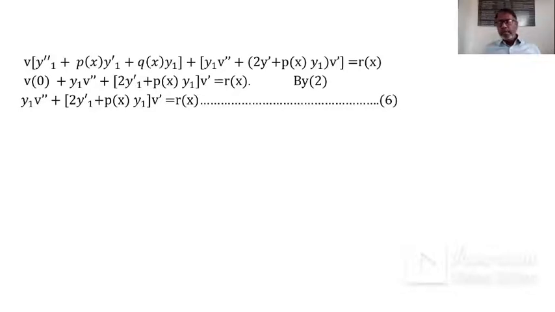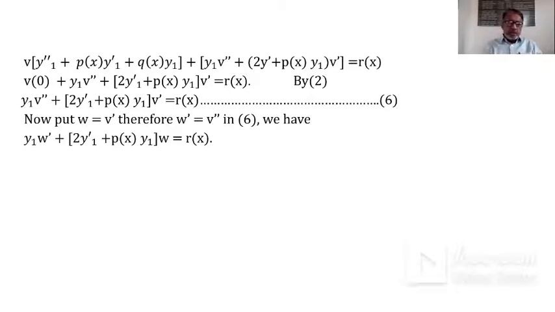Now we take the substitution w = v'. Therefore w' = v'', or you may write v' = w. Therefore v'' = w'. Therefore this equation 6 becomes y1 w' + (2 y1' + p(x) y1) w = r(x).